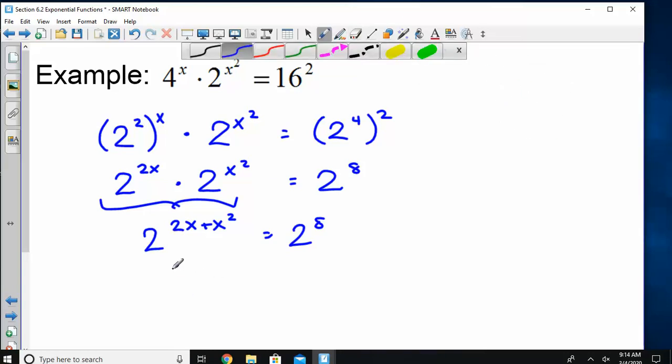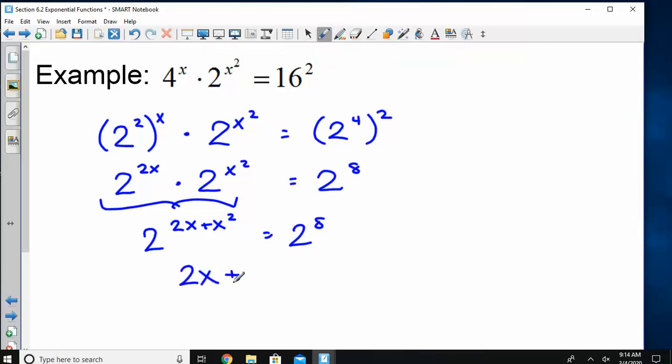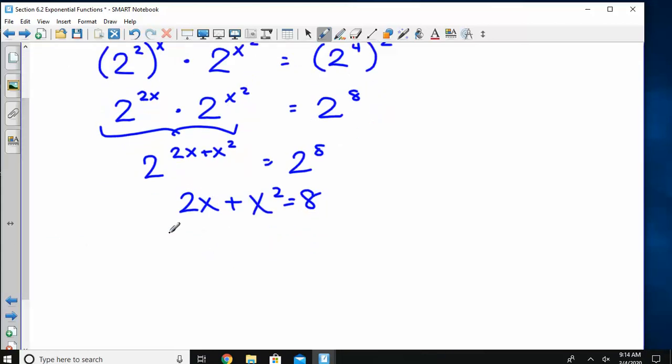So now we can drop the base. I'm going to bring over my 8 and I'm just going to reorder this.